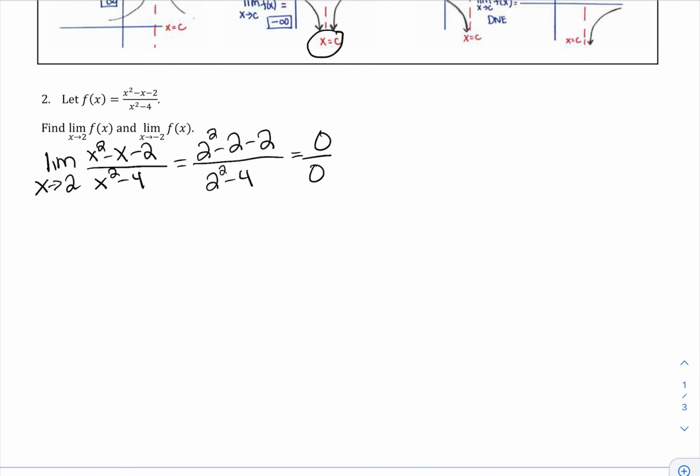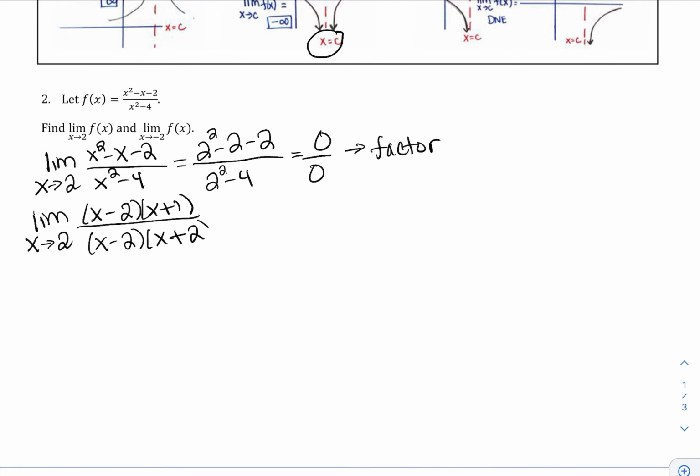Because this is the indeterminate form, and it's a rational function, I'm going to use the factoring tool. So I'm going to rewrite my limit, the limit as x approaches 2, and I'm going to factor the top: x minus 2 times x plus 1. And the bottom is a difference of squares, x minus 2 times x plus 2.